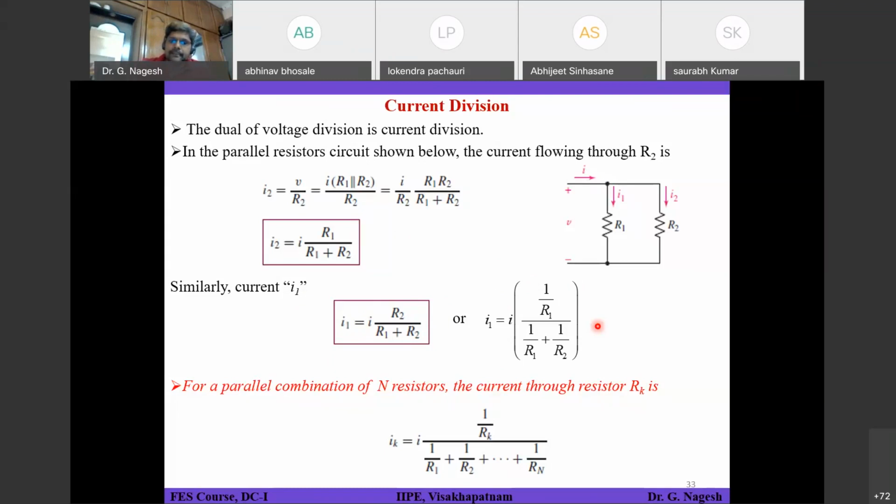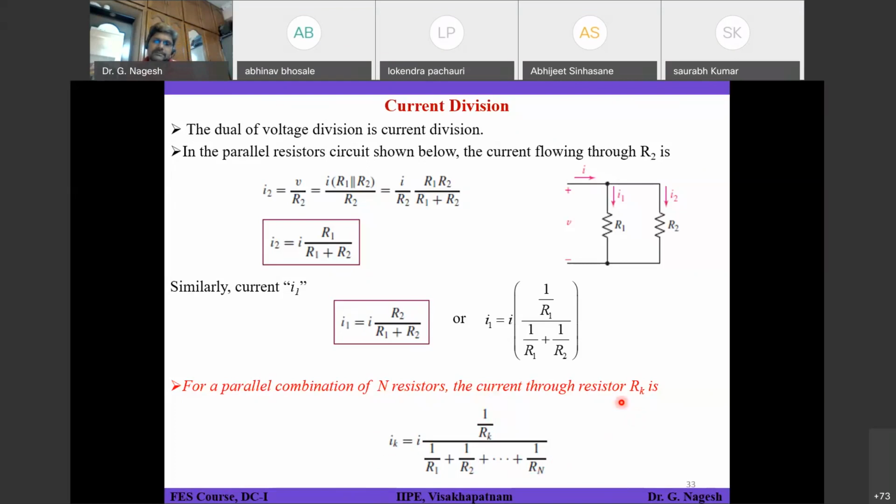Let's see if you have n resistors in parallel, that means R1, R2, R3, and so on up to Rn, and I ask you to find the current flowing through a particular resistor, let's say the kth resistor Rk. How to do that? Ik is equal to total current into 1 by Rk divided by 1 by R1 plus 1 by R2 plus 1 by R3, and so on up to 1 by Rn.